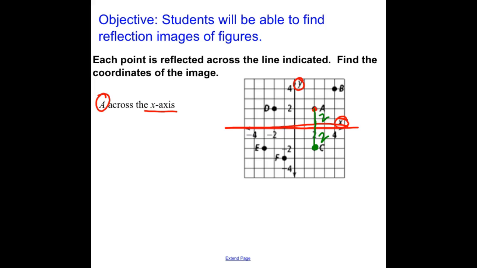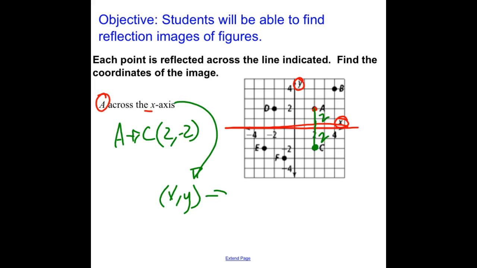A would go to point C, which is at the ordered pair (2, -2). If you remember the rules for reflecting in the x-axis, the rule was that (x, y) goes to (x, -y). The x value stays the same, but the y value is the opposite.